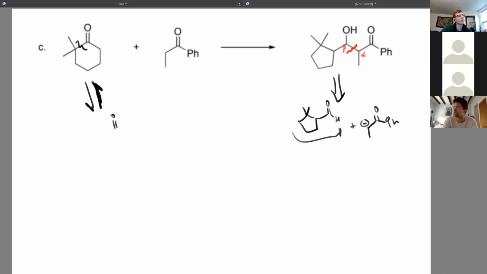Okay, let's get rid of these things. There has to be a reaction that opens up a carbonyl on a cyclohexane.